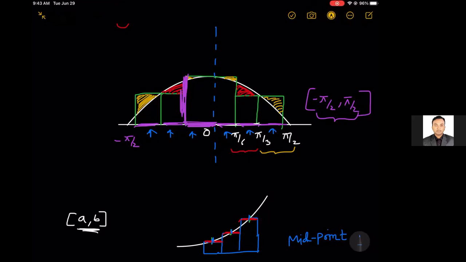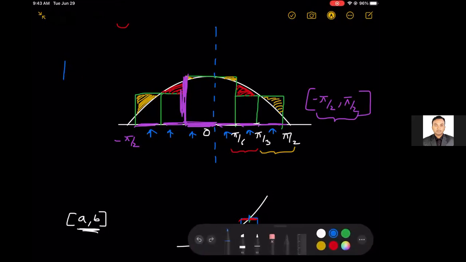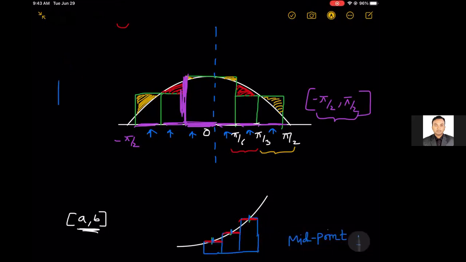And we know the area of a rectangle is length times width. This is the length. And where does it come from? It comes from this, the length of the subinterval.